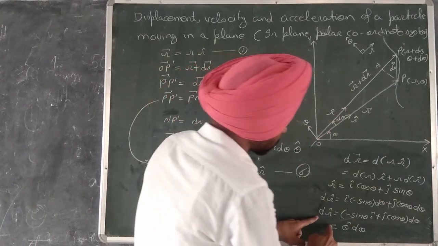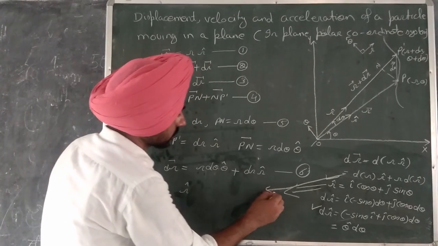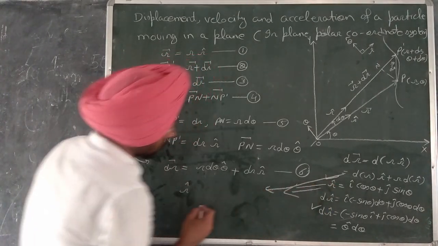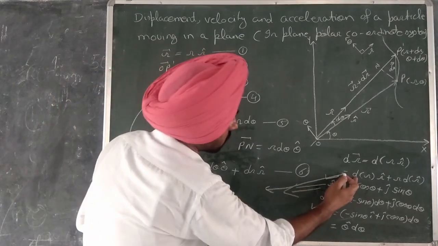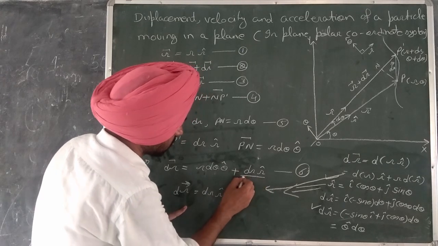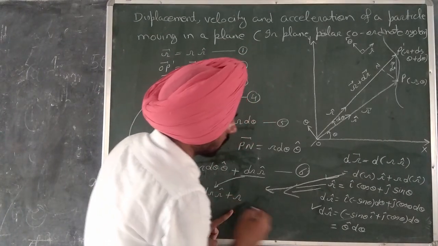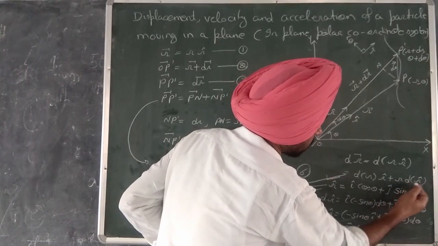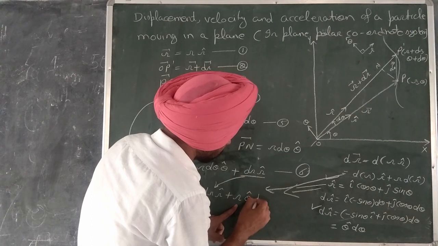So now we substitute this value of d r cap in this expression, we will get vector dr equal to dr r cap, this is the same term, plus r d r cap. d r cap is θ cap into dθ.